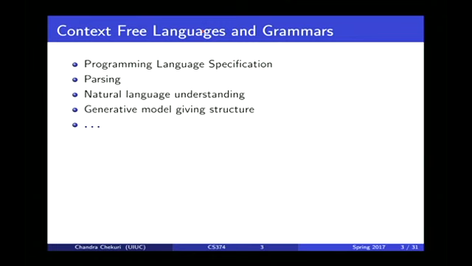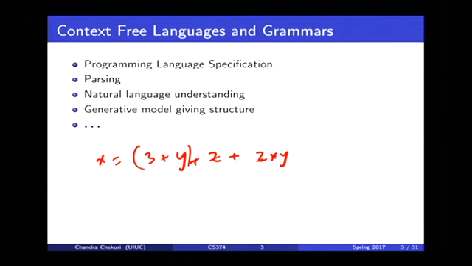So you have to be able to say in a programming language something like x equals 3 plus y plus z, or z star y. This is a simple expression you will see in programming languages.